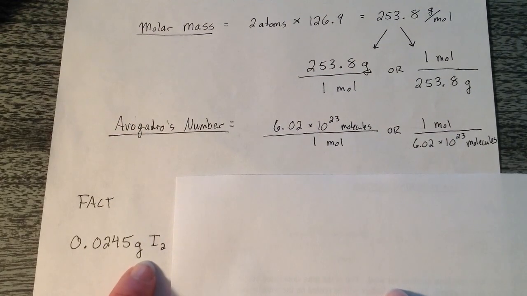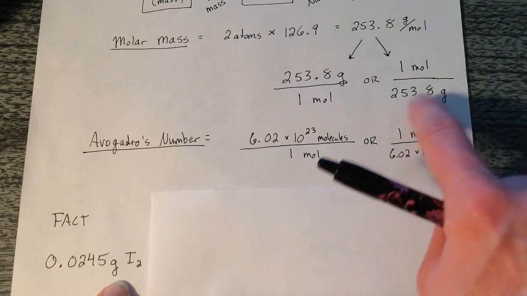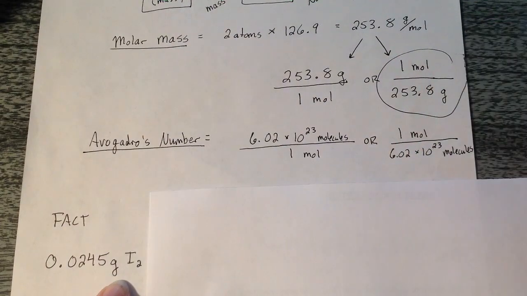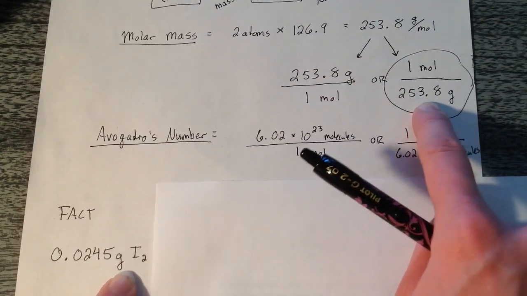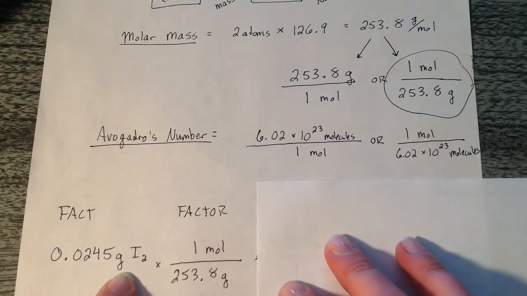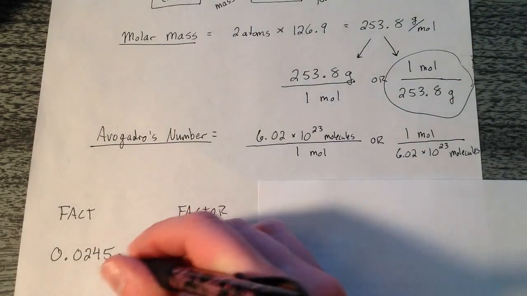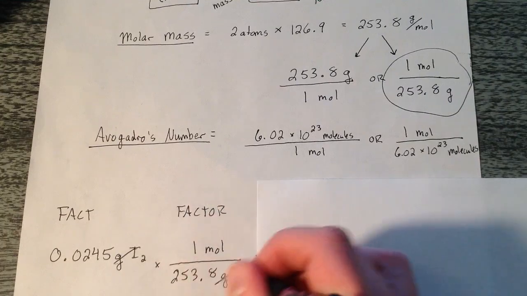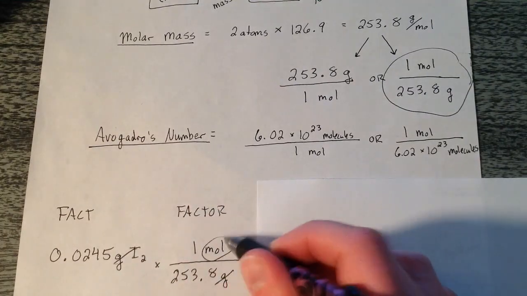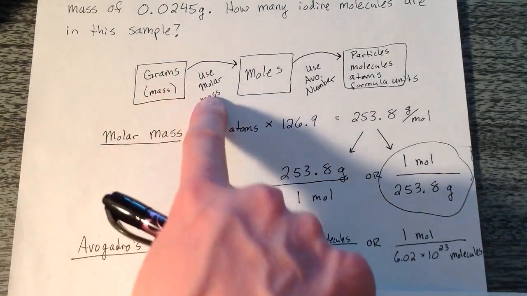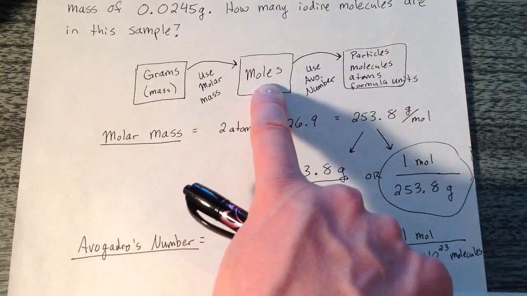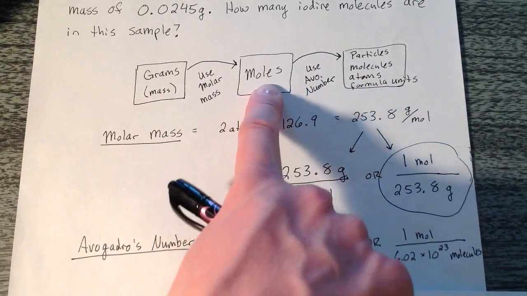To cancel my grams, I needed grams on the bottom, so I ended up using this conversion factor in order to cancel my grams. Now, that cancels grams on the top with grams on the bottom. I am left with moles. Well, that's what my map should have said. So grams, use molar mass to get me to moles.